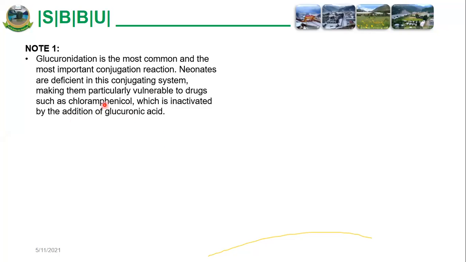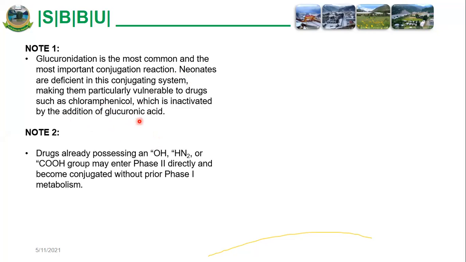Chloramphenicol is an antibiotic which is mostly inactivated by the addition of glucuronic acid. So patients and neonates that have deficiencies may be vulnerable to chloramphenicol toxicity.